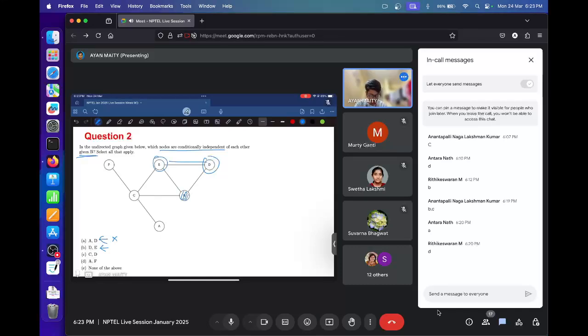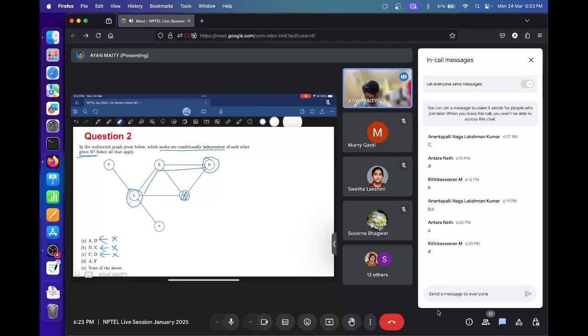There exists a direct edge from D to E, which does not go through B. So B cannot block that path between D and E. So D cannot be conditionally independent of E given B. Now the third option is C and D. This path exists from C to E to D, which is not blocked by B. So C and D also cannot be conditionally independent of each other given B.